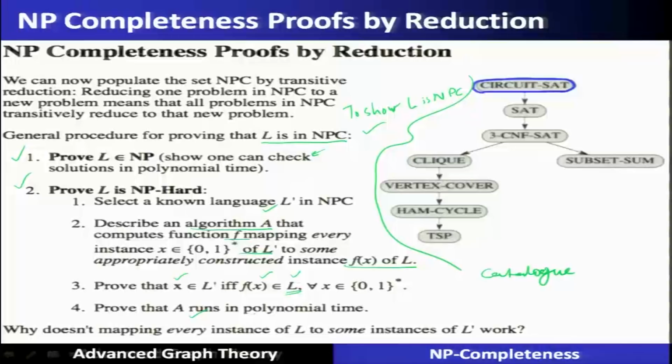So, we have to know what problems are there. If we want to prove a new problem to be NP complete, we have to choose one of these known problems. Let us say the circuit satisfiability problem, and we reduce this circuit satisfiability problem to that new problem.